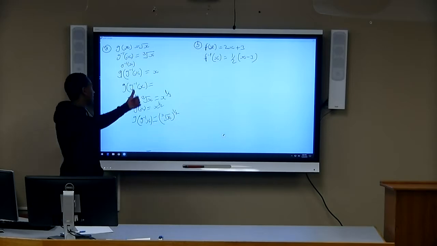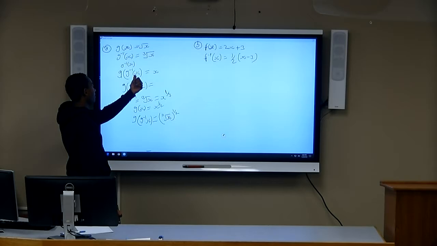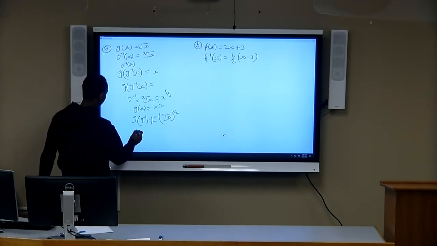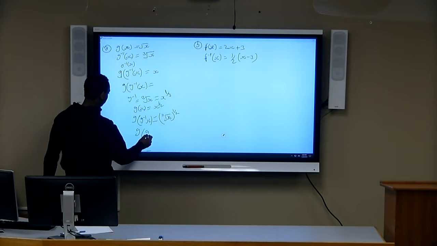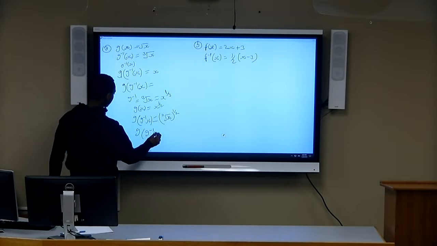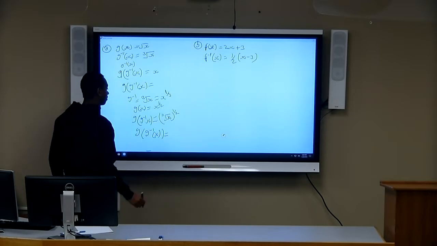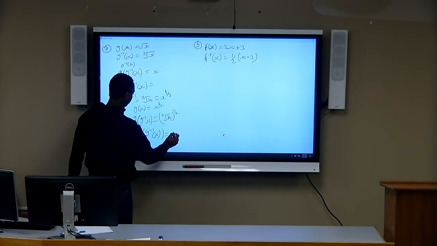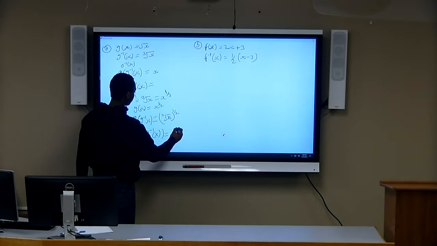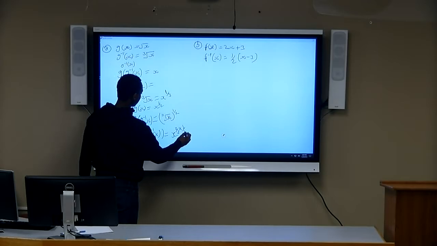If it doesn't give us x, then these two functions are not the inverse of each other. So it's going to be g circle g inverse of x is going to be equal to x raised to the power, this should be 2 over 3 times 1 over 2.